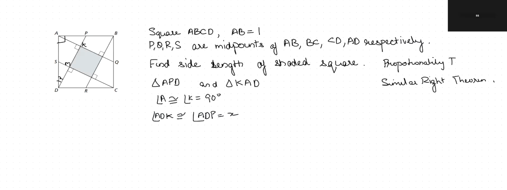They are the same angles. Then in this triangle APD, if this is 90 degrees, this is X, and we know the sum of the angles in a triangle is 180. So if this is 90, then P and D must equal 90. So if D is X, then angle APD is equal to 90 minus X.